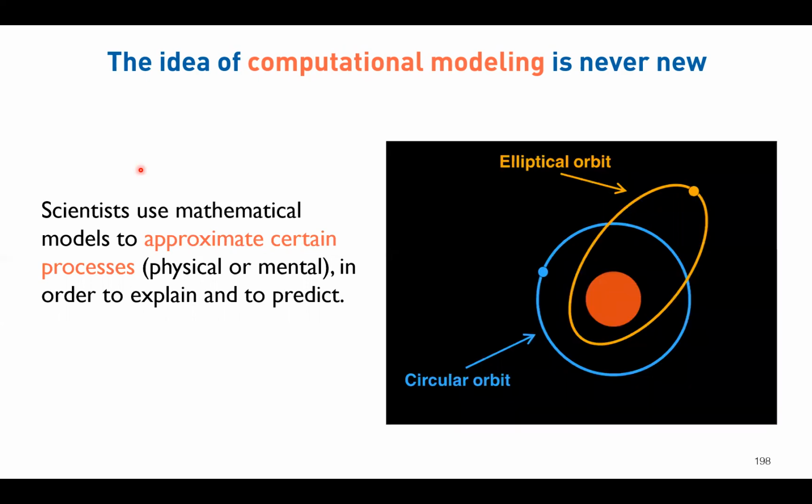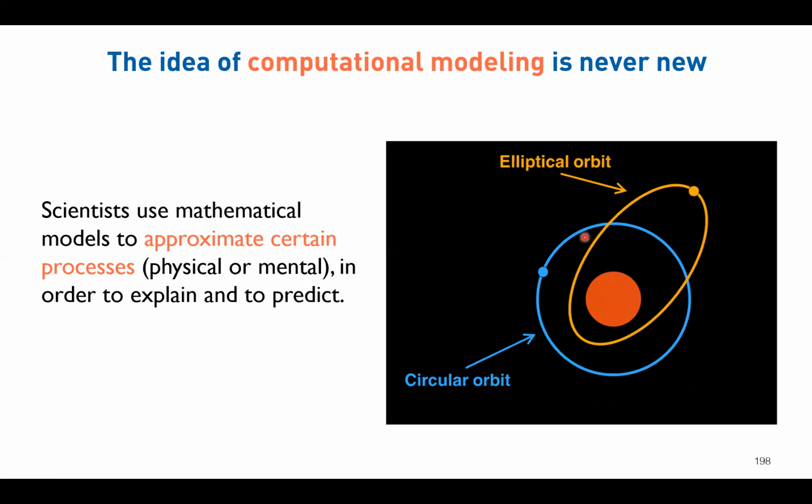As a very simple example from a few hundred years ago, physicists would like to predict the trajectory of planets. There are two models, one circular and the other elliptical. Both of them are models already, and they make different predictions and different hypotheses.